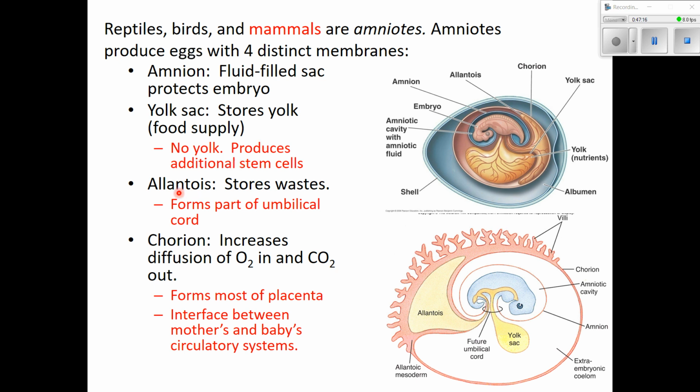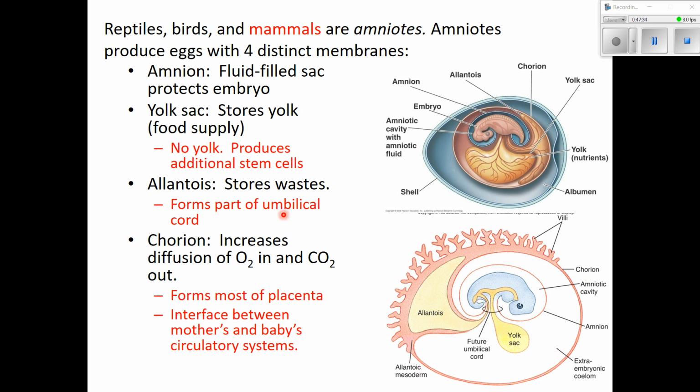And the allantois, which would have stored waste in bird eggs and reptile eggs, has evolved to become part of the umbilical cord, which attaches the baby's blood supply to the placenta and then connects with the mother's blood supply.